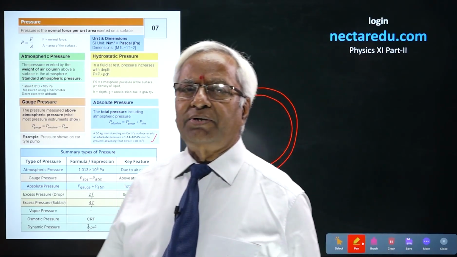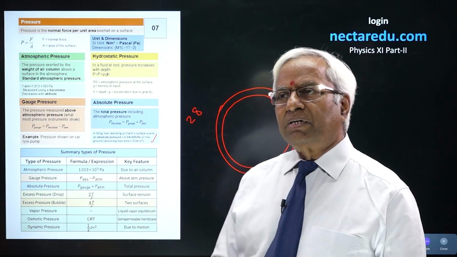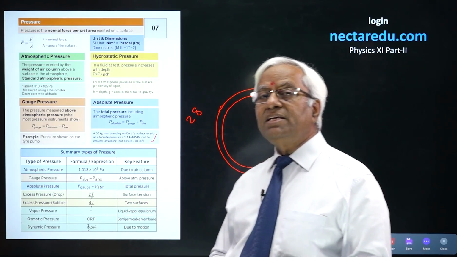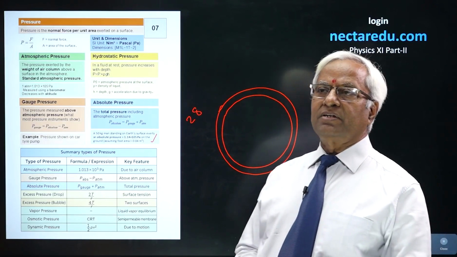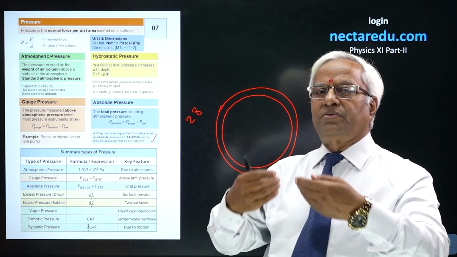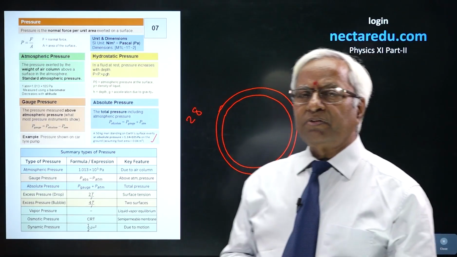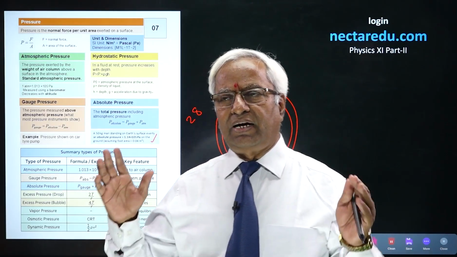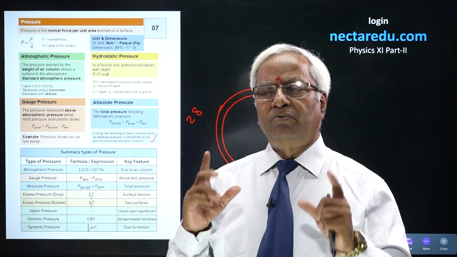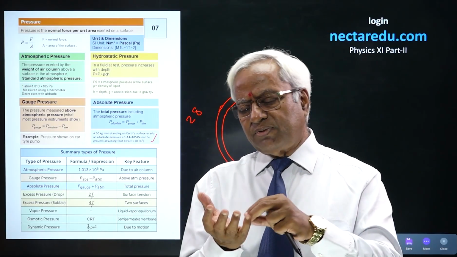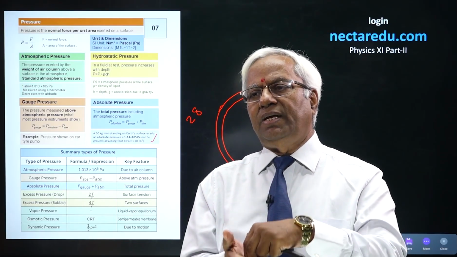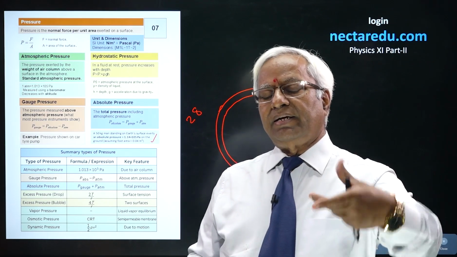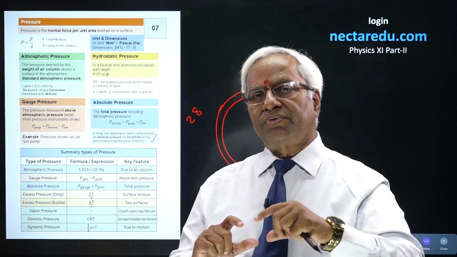He is not going to say 28 atmosphere. But you see, he is telling you the gauge pressure. What is gauge pressure? Greater than atmosphere. Everybody knows that the atmospheric pressure is 1 atmosphere. If someone says the gauge pressure is 3, it means 3 greater than atmosphere.